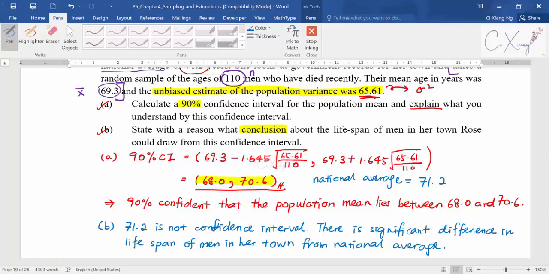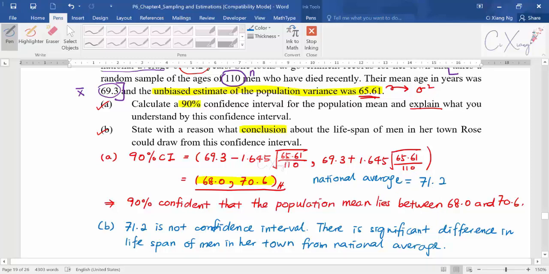And then you realize that if you compare this interval with the national population mean, the population mean is not in this interval, which means the lifespan in this town is different from what they have in their country. All right, so this is the meaning of the question.